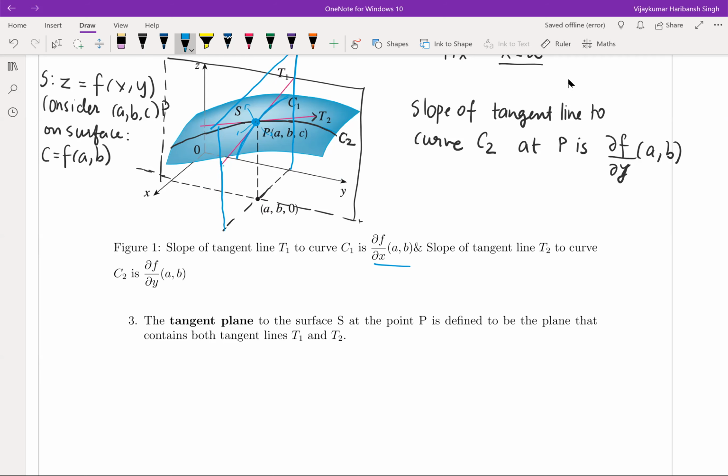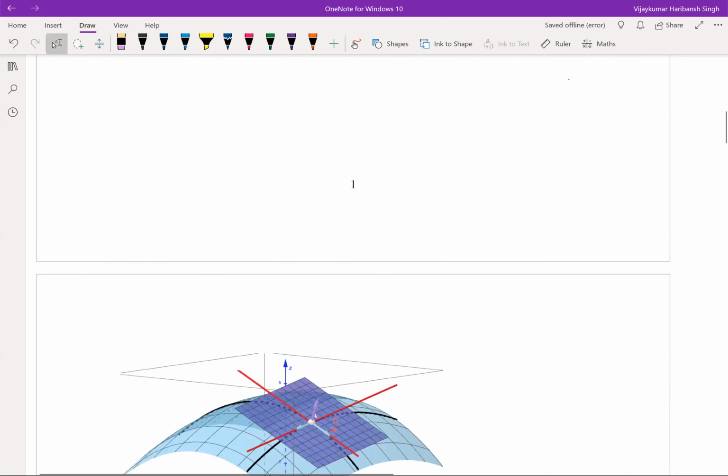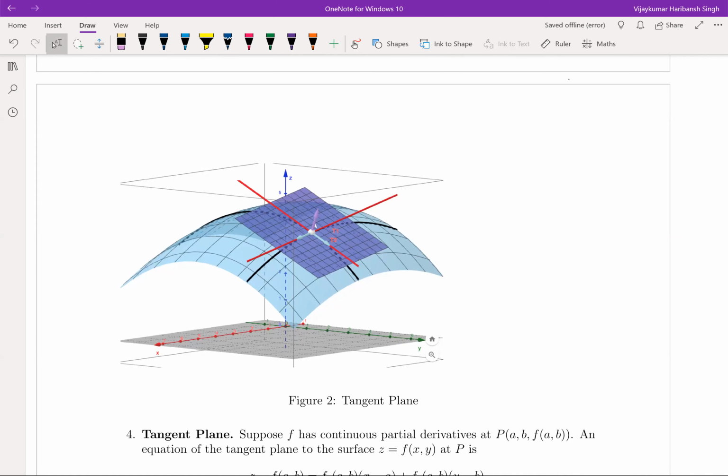Now if you look at the graph of this, this is how the tangent plane looks. This is your (a, b, 0). This is your surface S, which is given by f of x, y. And this point is P. And this plane here is the tangent plane at P.